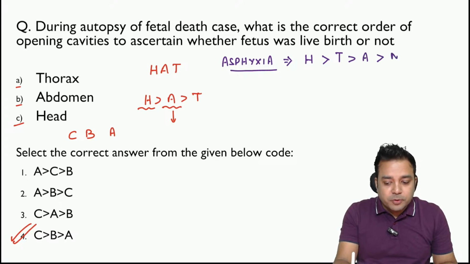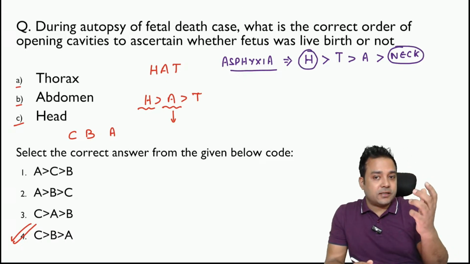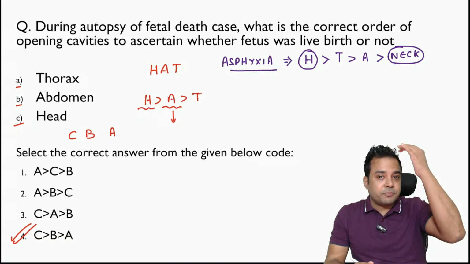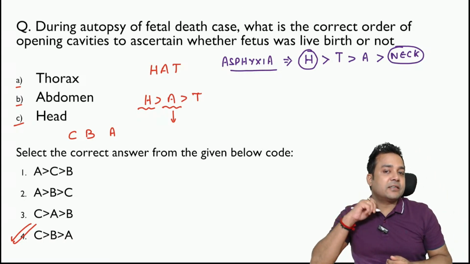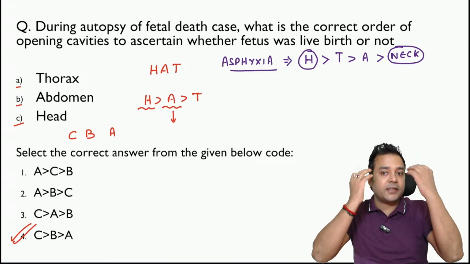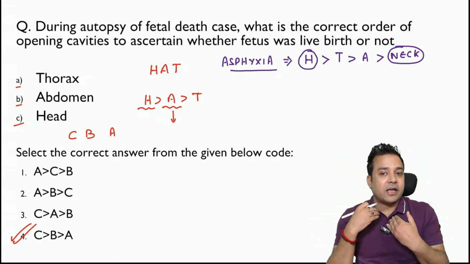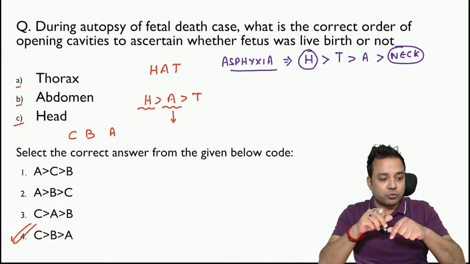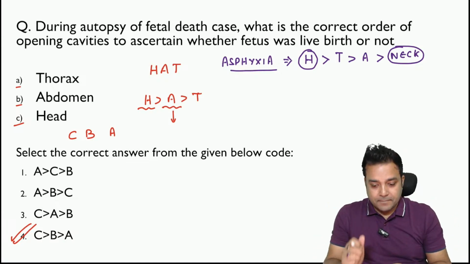And the last to be opened will be the neck. Why is the neck opened last and why is the head opened first? The reason is, if I don't remove the brain and dissect the neck directly in the first place, all the blood from the head area will extravasate and will dilute my antemortem bruises and hemorrhages. So that is the reason.